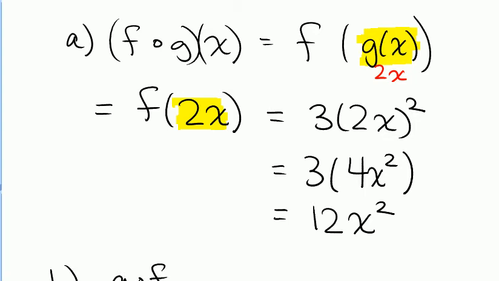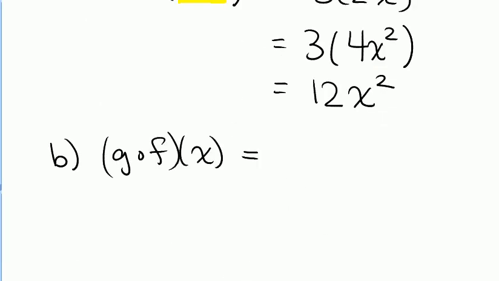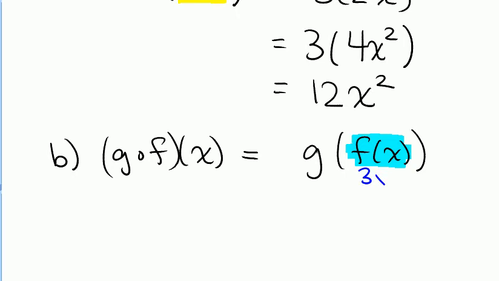Now let's find g of f of x. So again, I'm going to rewrite it. We know what f of x is. F of x is 3x squared. So what we're really looking for is g of 3x squared.